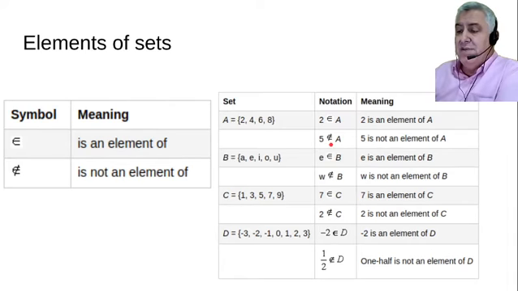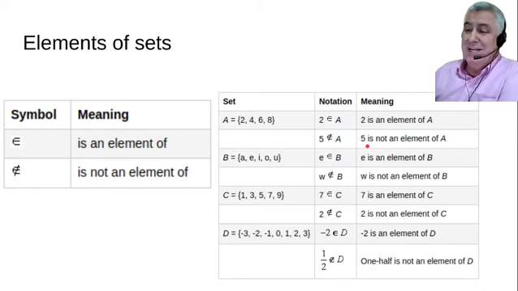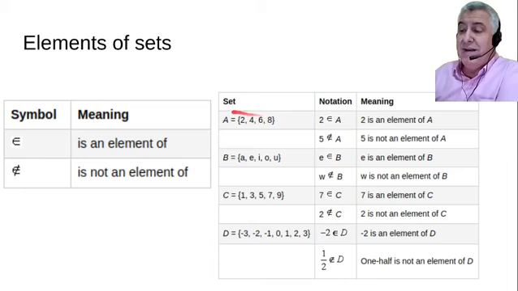And 5, and this other funny looking E with a hash through it, A, which we read, 5 is not an element of A. And I can't find 5 in here, so 5 is not an element of A. B is A, E, I, O, U, so that's all the vowels in the English language.